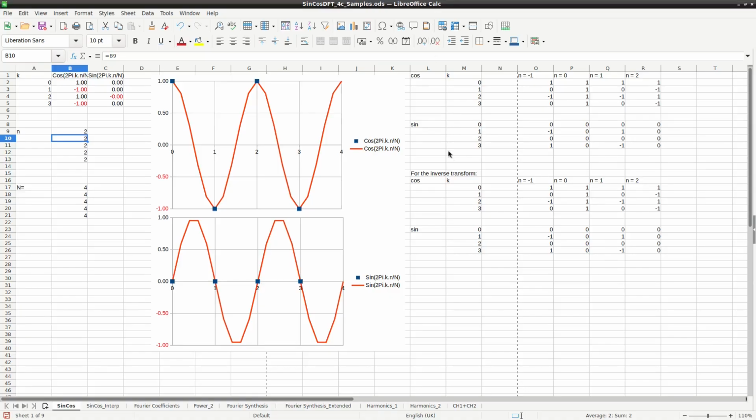Again, I can illustrate this using my Fourier spreadsheets. This one is for a signal with n equals 4, which, being an even number of samples, means that we can have an exact Nyquist frequency of 2. However, instead of looking at the signals and harmonics, we'll just concentrate on the sampled values of the sines and cosines used in the DFT calculations.